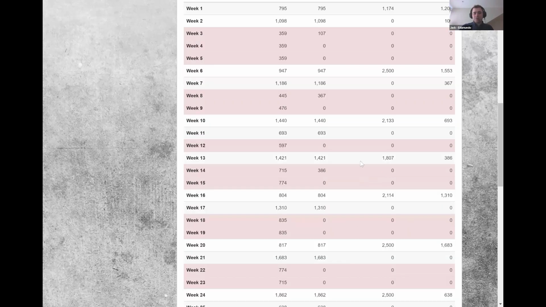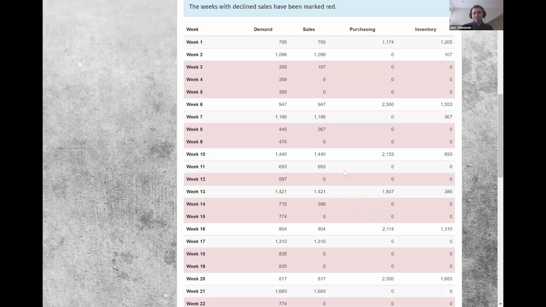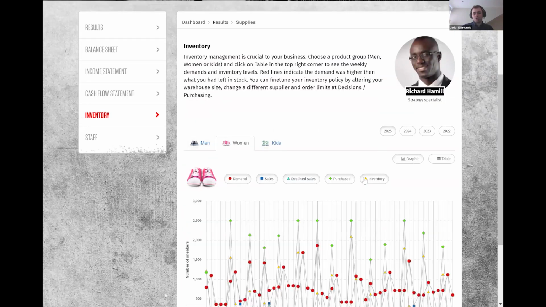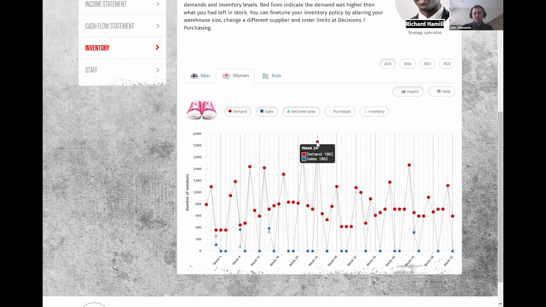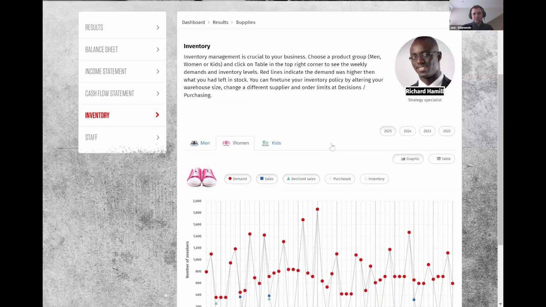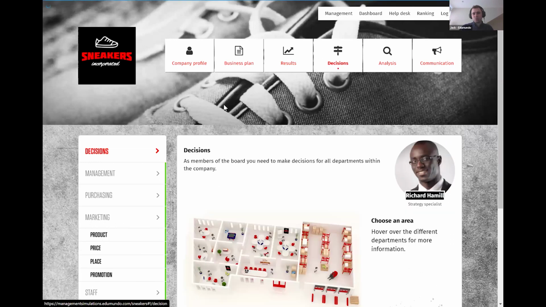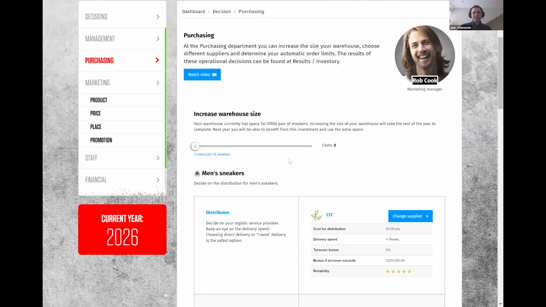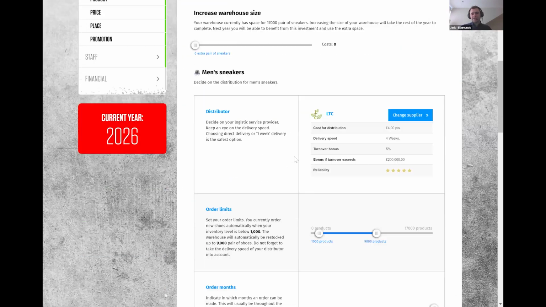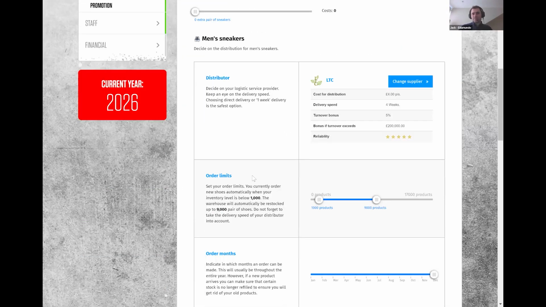I would firstly recommend that you take a look at what the peak demand was over the course of the year. So we can see the peak demand was around 1,862 units. We're going to use this information to now set better automatic order limits. So head into decisions, into purchasing, and here we can change and adjust some order limits.